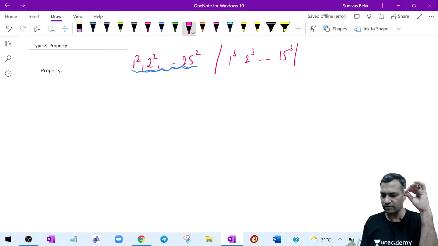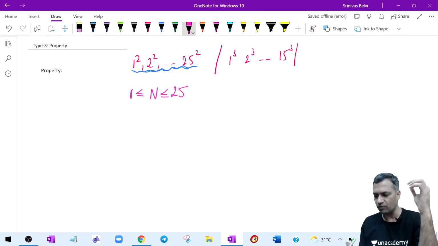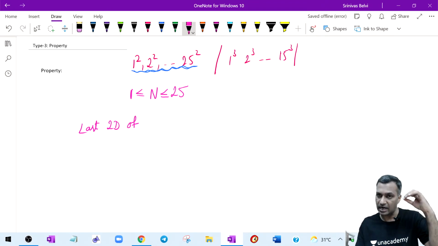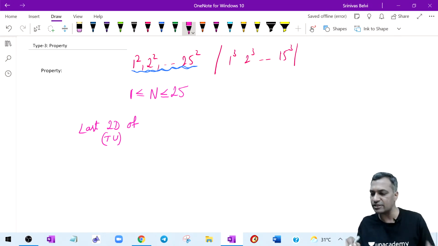What do I know? For all natural numbers lying between 1 and 25, listen to this very carefully, the last two digits of n square would be the same as the last two digits of (50 minus n) whole square, which would be the same as the last two digits of (50 plus n) whole square, which would be the same as the last two digits of (100 minus n) whole square, which in turn will be the same as (100 plus n) square. There may be hundreds place and thousands place, but I'm not interested in those. When I say last two digits, I'm talking about the tens place and the ones place, also called the units place.